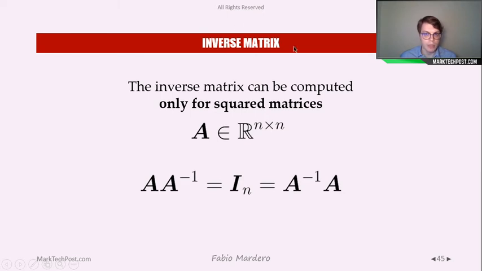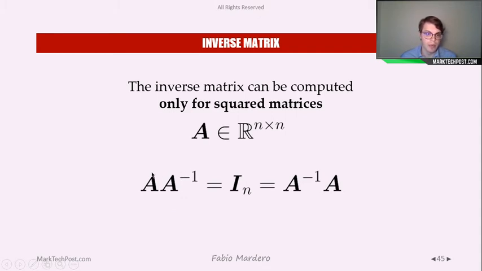The inverse matrix is defined as the matrix that, if multiplied with the A matrix, gives the identity matrix. So we can see this type of matrix, the inverse matrix, as 1 divided by A. It could be written also that way.